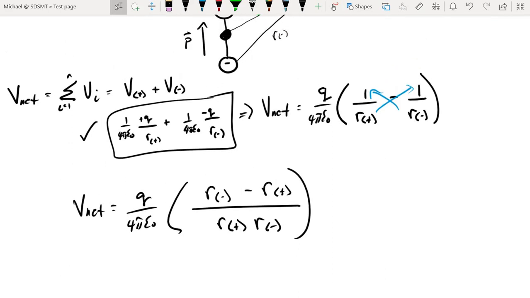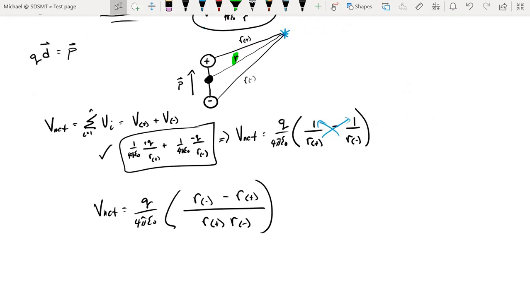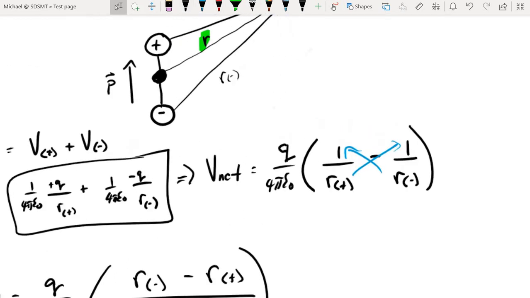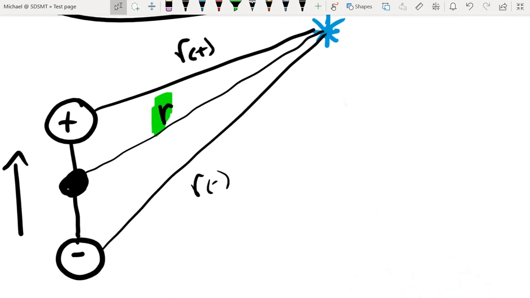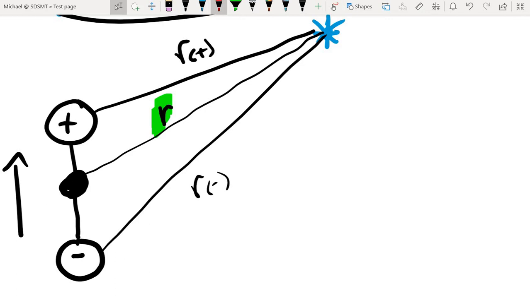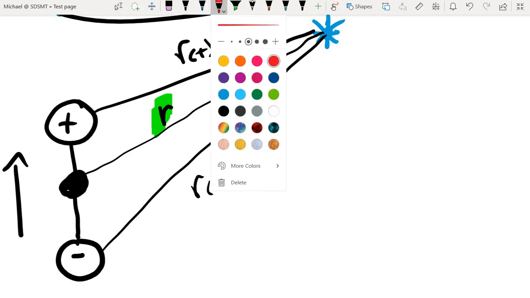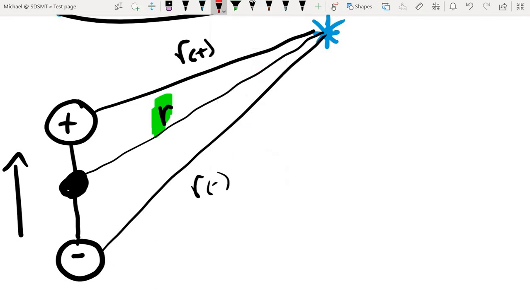Okay, next, we're going to make some pretty big assumptions. The first thing that we're going to do is look at our diagram a bit closer, so I'm going to zoom in on this. I'm going to draw a line between the positive charge and the line R negative.